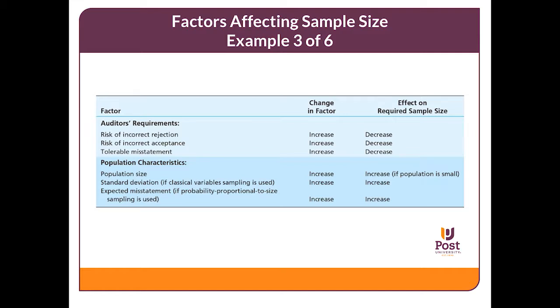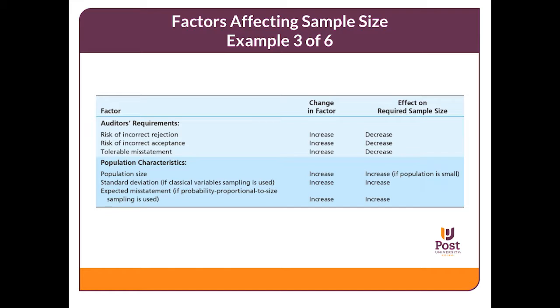Let's review how the various factors affect sample size. An increase in the risk of incorrect rejection decreases the sample size. An increase in the risk of incorrect acceptance decreases the sample size. An increase in tolerable misstatement decreases the sample size.